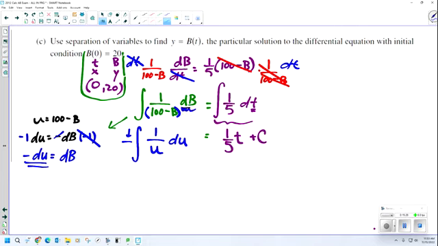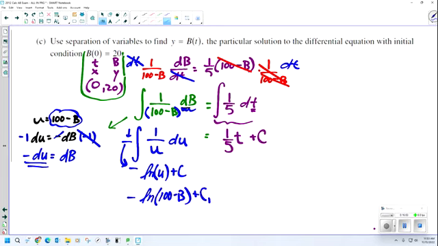Know your rules. The integration of 1 over u is the ln of u plus some constant. All right? Don't forget, I need to negate it. So that's what we end up with on the left side. The last thing is we need to put our u value back in. And our u was 100 minus B. So I now have the negation of the ln of 100 minus B plus some constant is going to equal 1/5 t plus some other constant.